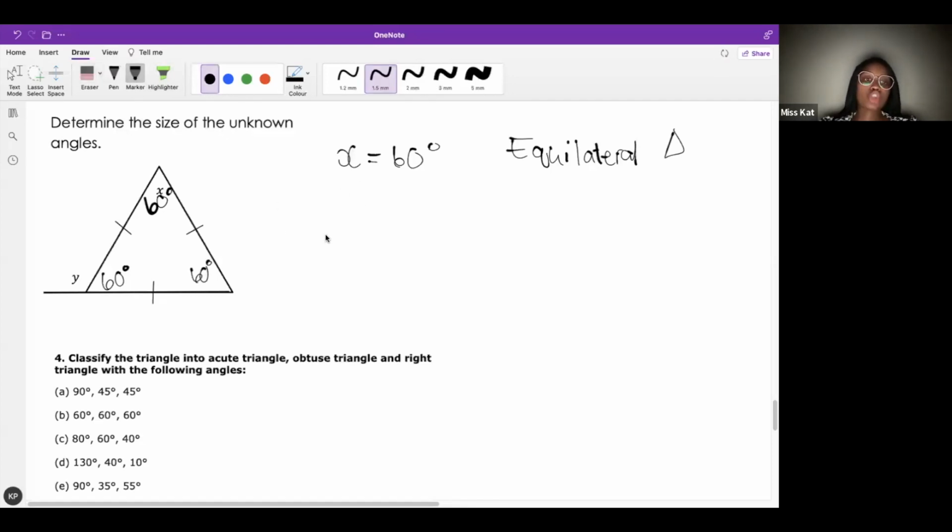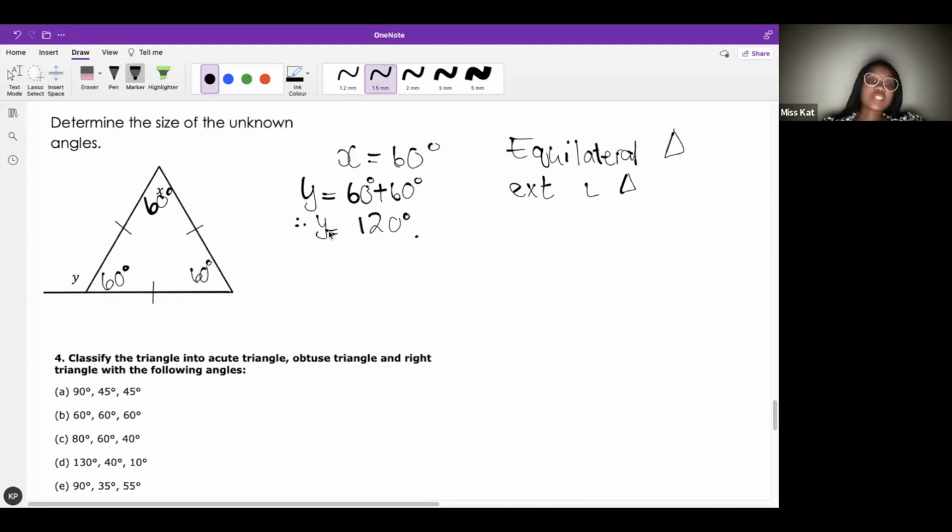I love it. So you want to say Y equals 60 plus 60, and that's exterior angle of a triangle. Is that right? Yes, ma'am. So therefore, Y is how much? 120, ma'am. Thank you very much, Vuyani.